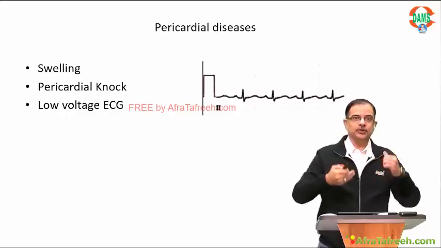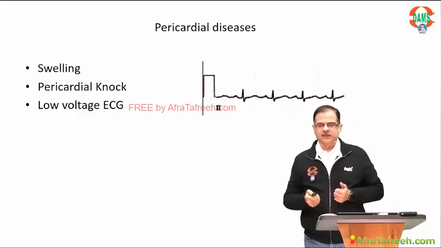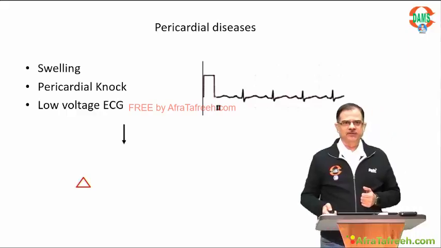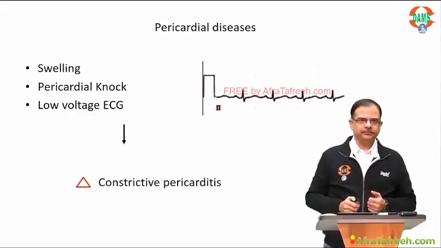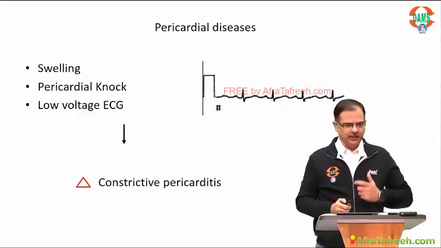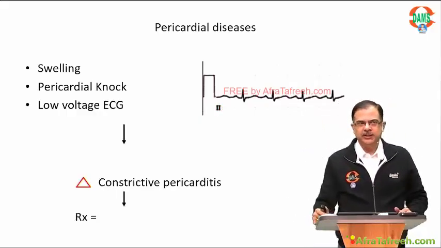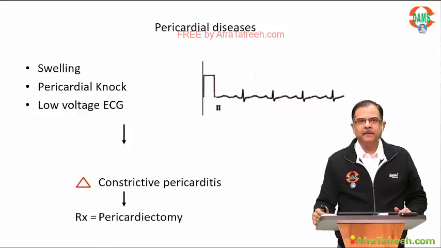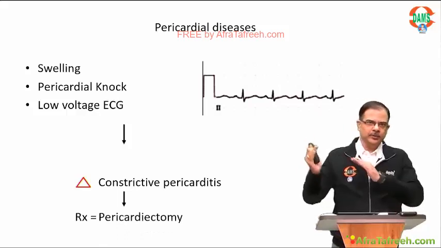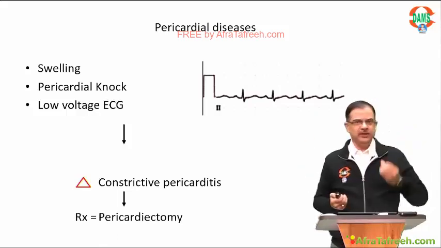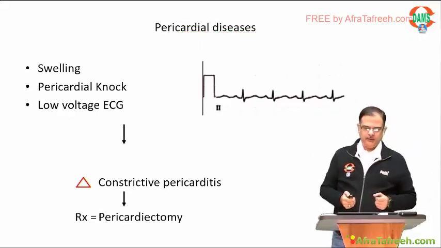So the ECG complex will be a low voltage complex. So clear cut, this is a case of constrictive pericarditis. Diagnosis: CP, constrictive pericarditis, and the treatment of this condition is surgical, that is pericardiectomy. So remove the pericardial layer, and the patient will improve.